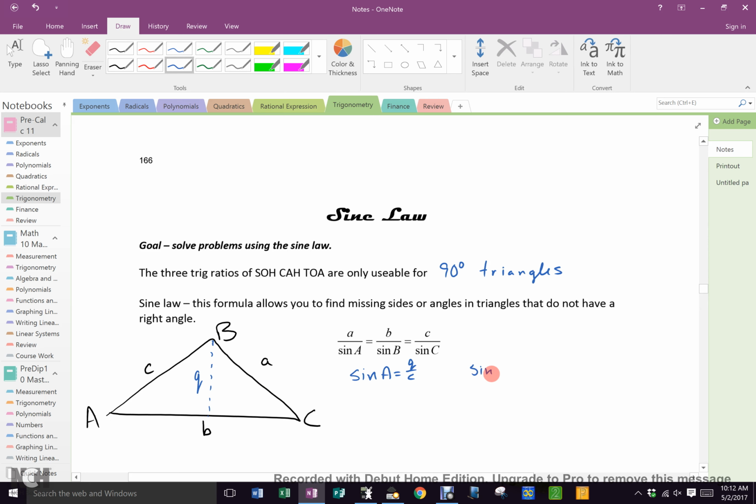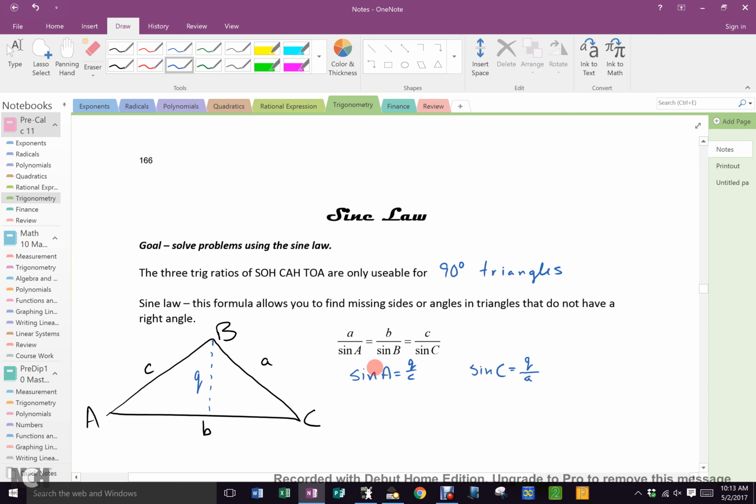What is the sine of C? What's the sine of C? Q over A, yes? Is everybody cool with that?